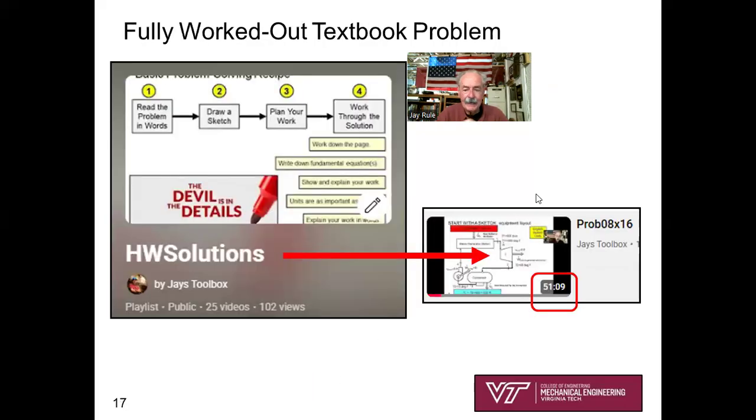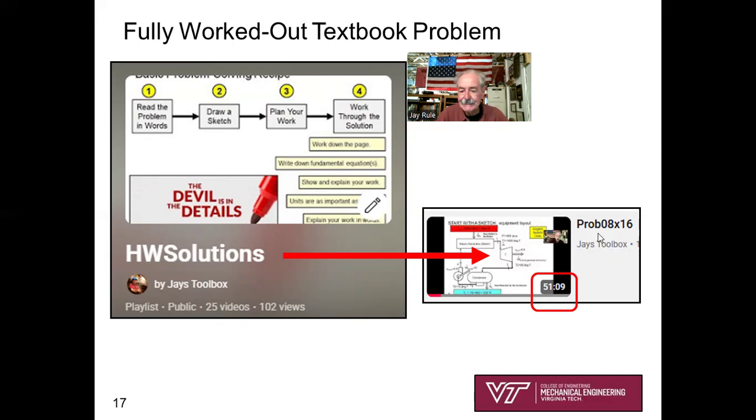If you're eager to get going with the computations, I have worked out, and it's a 51-minute video to get through one worked out homework problem, problem 8.16 in your textbook. So if you're interested in seeing how all the numbers shake out, you can go to the homework solutions playlist.